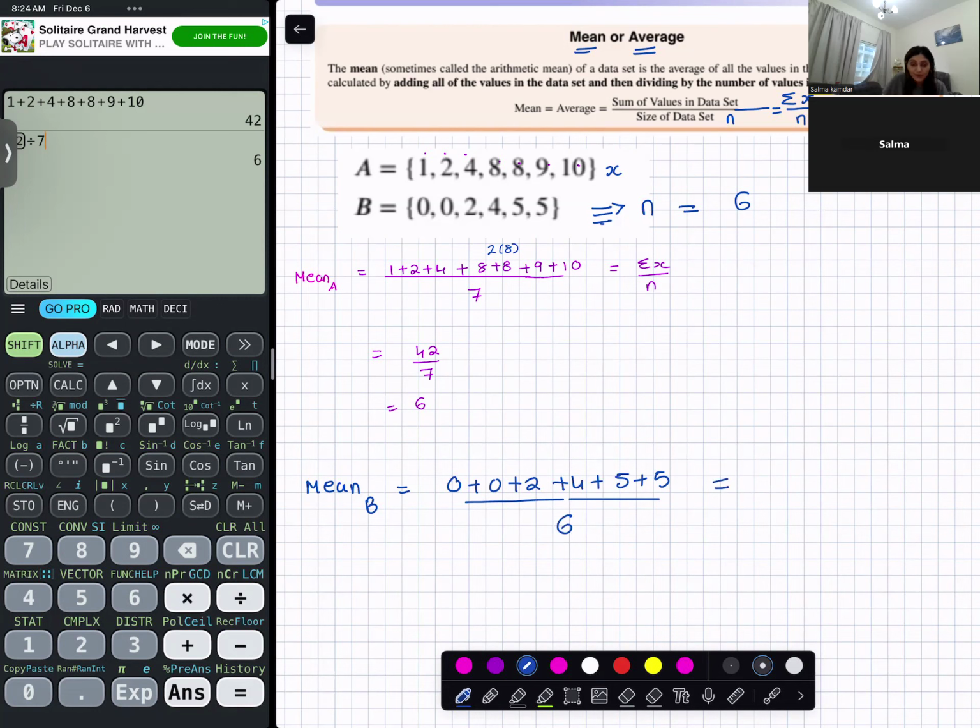The sum of all this comes up to 16. I divide it by 6. So the mean of set B is 8 by 3. So I have the mean of set A and the mean of set B. What is the mean? The mean is the average of the values in your data set.